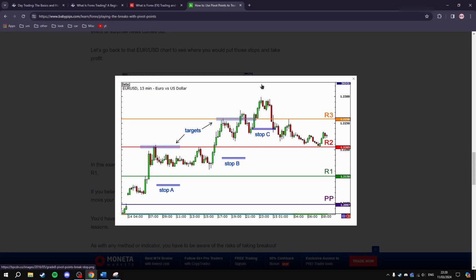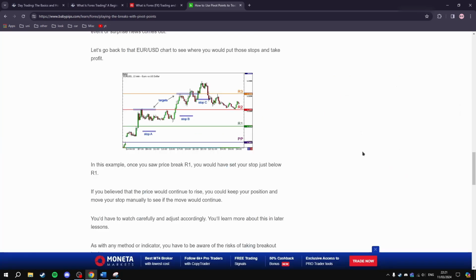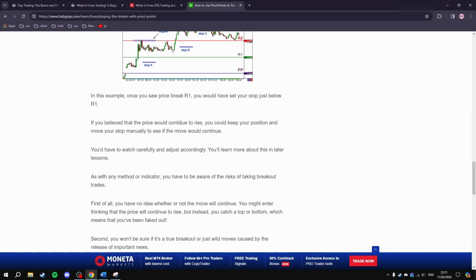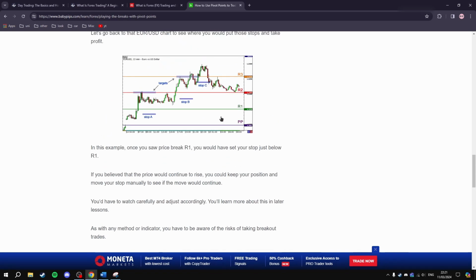Take profit will probably be, well, there isn't a resistance 4, but if we didn't know, I guess it would be the same distance, around here maybe. Or maybe not, because it's the upper resistance level already, so you're not really going to have a resistance 4, are you?